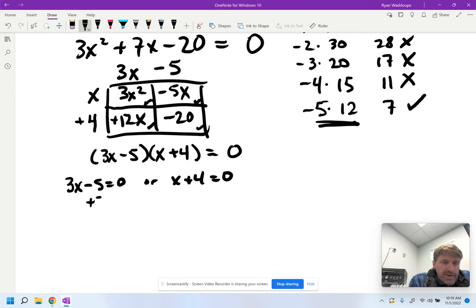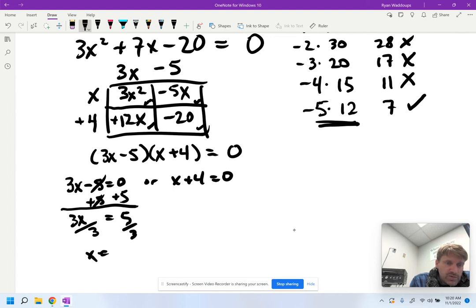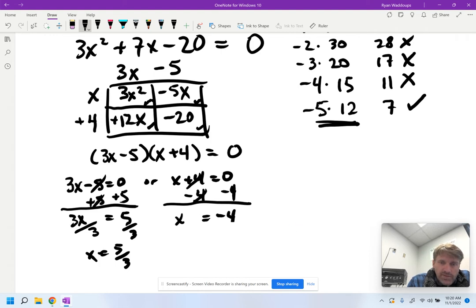And here I'm going to add 5. That cancels the 5s. 3x then equals 5, and then to divide by 3, x equals 5/3. Over here I subtract 4 from both sides, and x then equals negative 4.